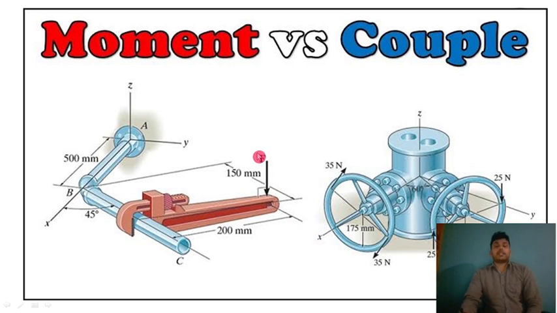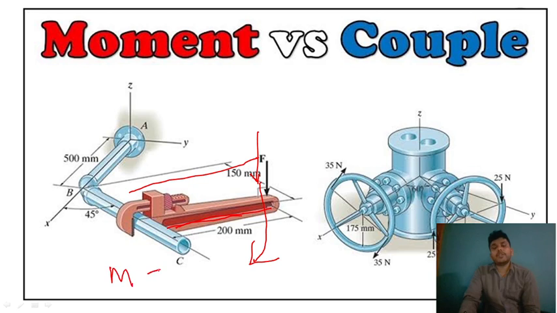Moment versus couple. Here in this figure, the moment is applied at a certain distance to rotate this pipe, where force is applied in this direction and the rotational effect will be in this direction. The magnitude of the moment will be M is equal to force F into distance.